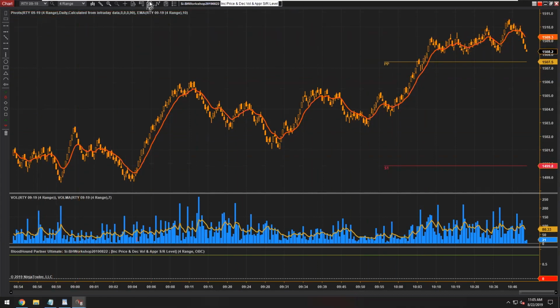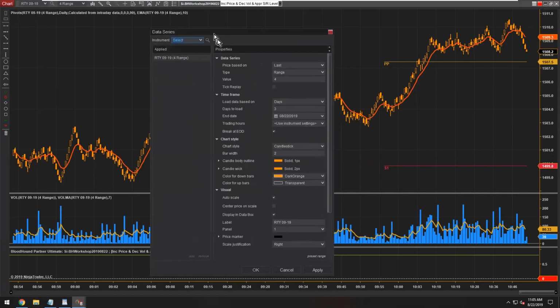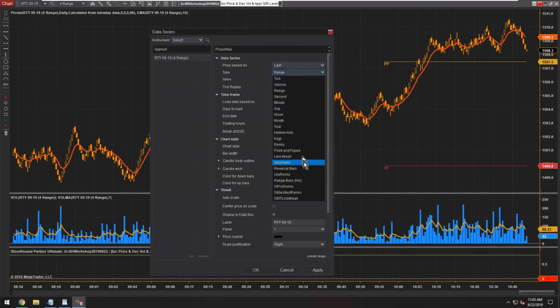So let's see here. I think somebody suggested using a Renko bar. Yeah, let's try that. Let's switch our bar type here.